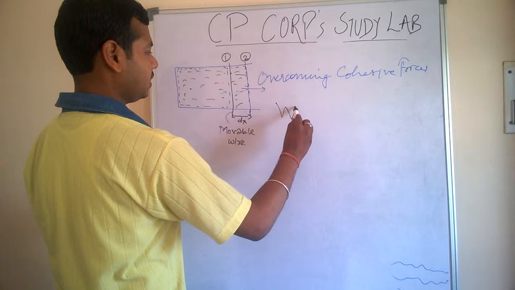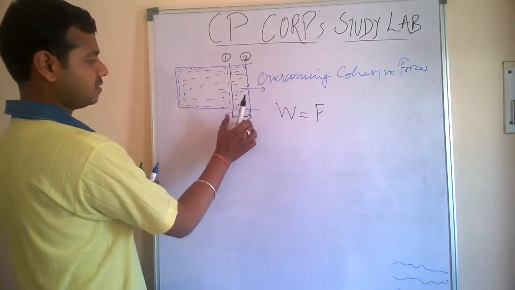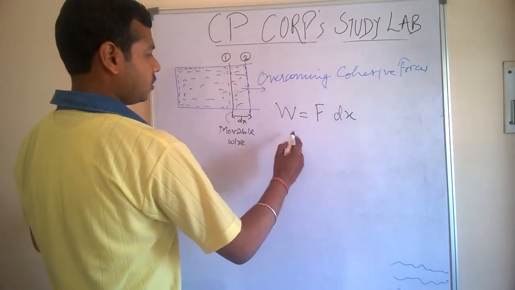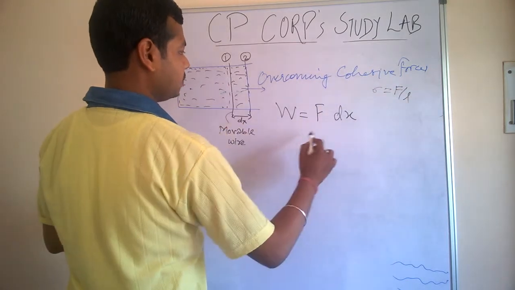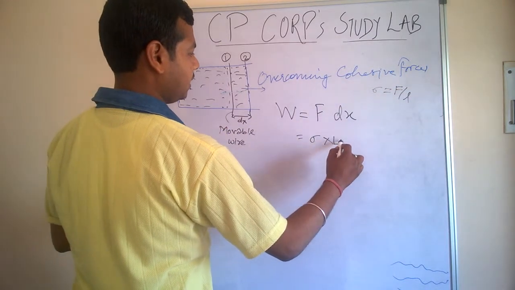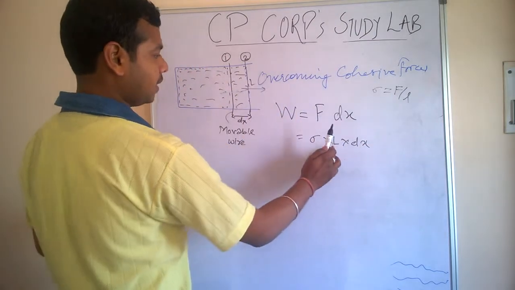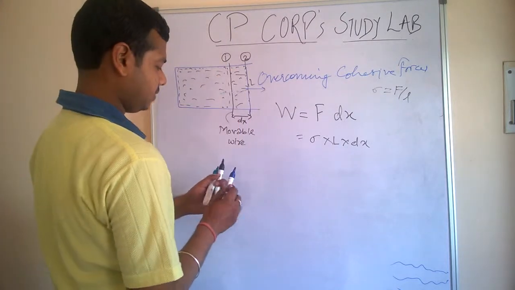So work is equal to force into distance, and that distance is dx. Now as I already told you, sigma is equal to F by L. So F is equal to sigma into L. This is the length L. Now L into dx gives the area.